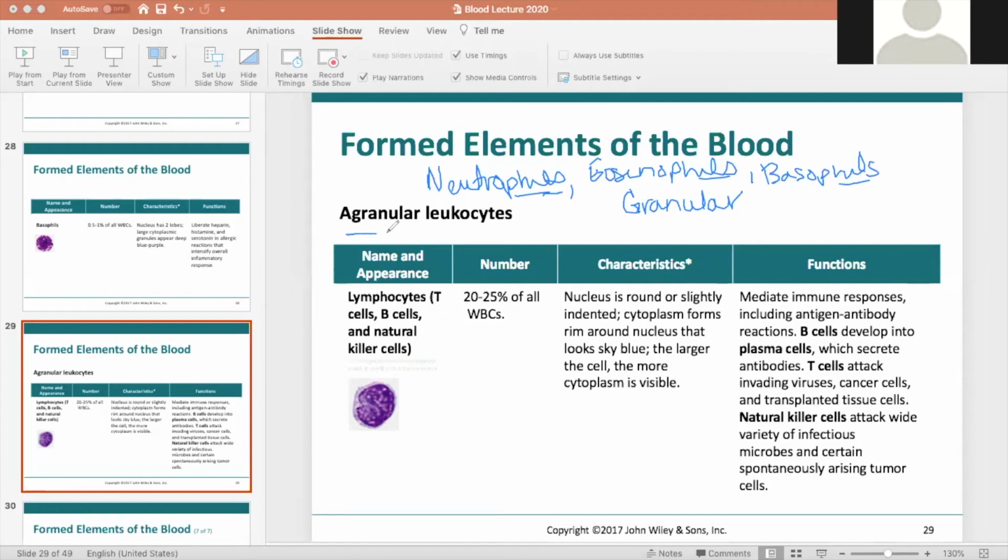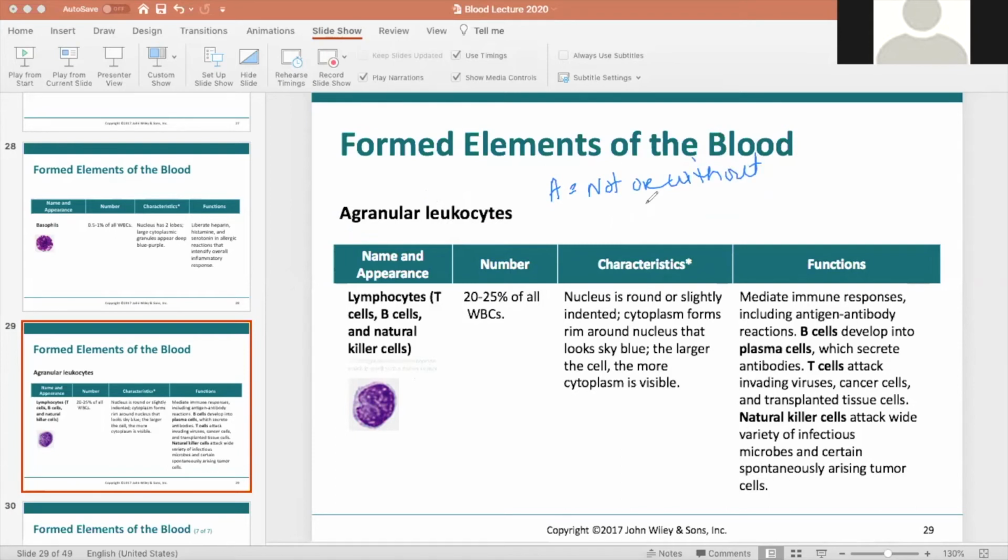But now what we're looking at are the white blood cells, also known as leukocytes, that are agranular. Whenever we have a in front of a word, that's going to be not or without. So a means not or without.